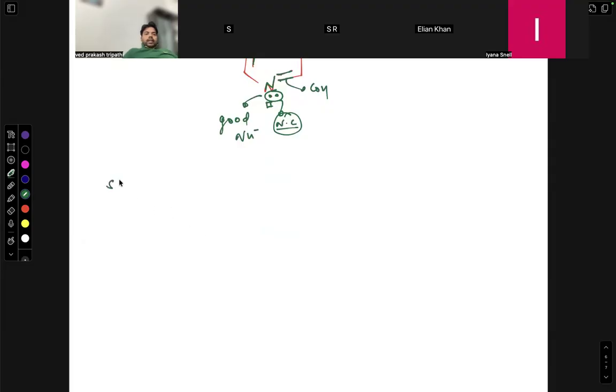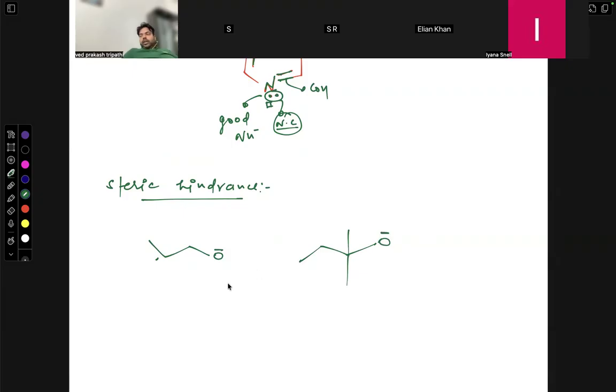The next is steric hindrance. If you look at this steric crowding here, 1 and 2, this one is a bulky one.